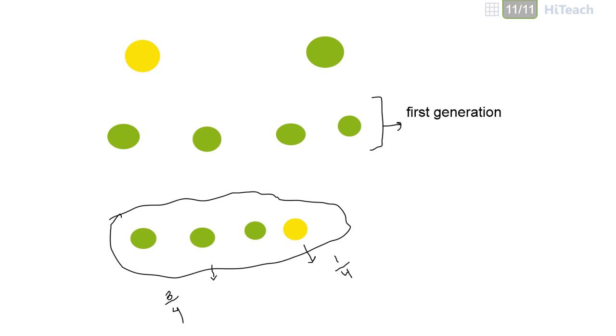Actually, for the first generation plants' self-pollination, he called the offspring the result of self-pollination, the second generation. About 3/4 of the second generation plants had green seeds.